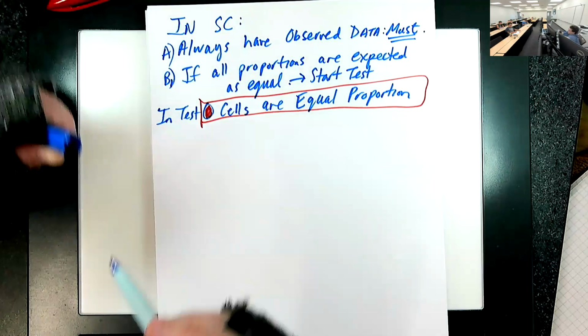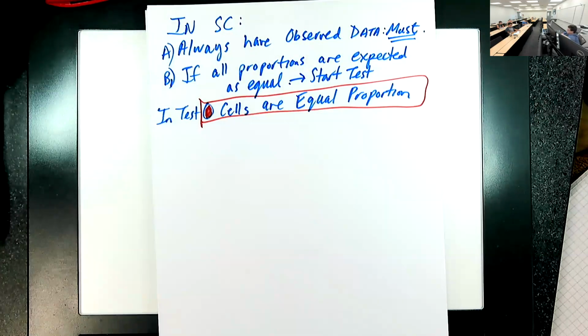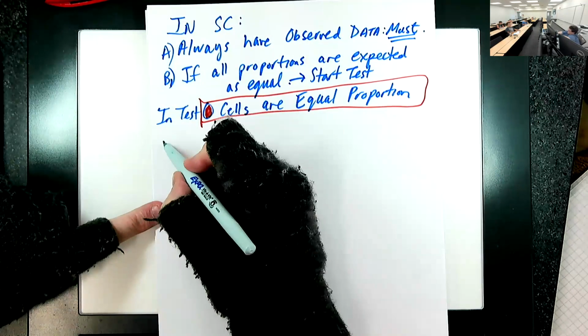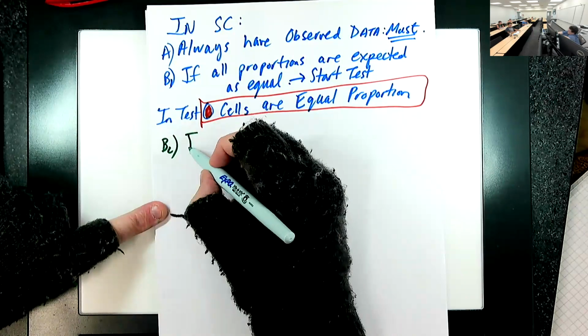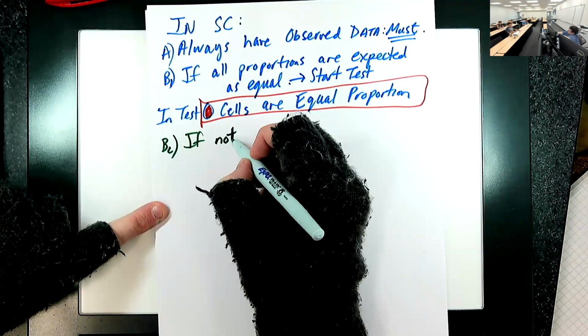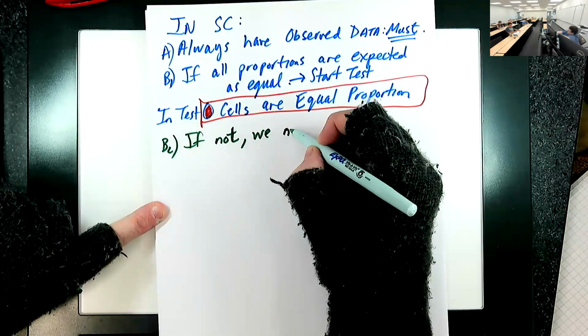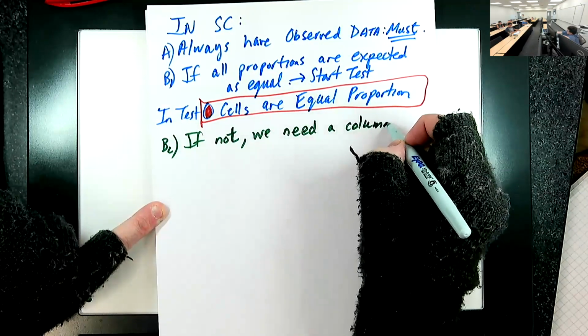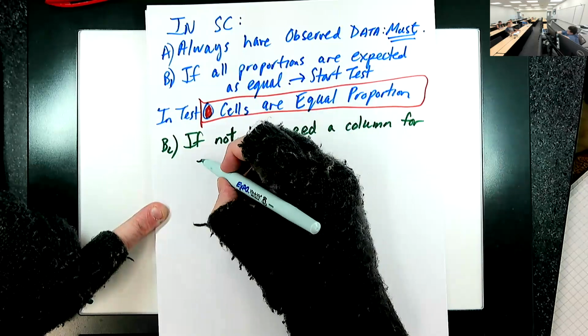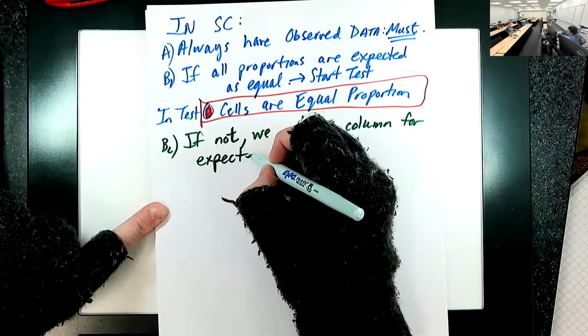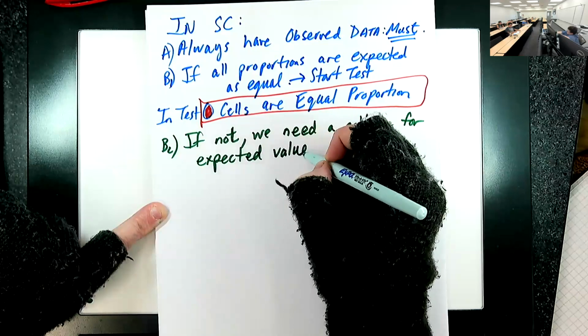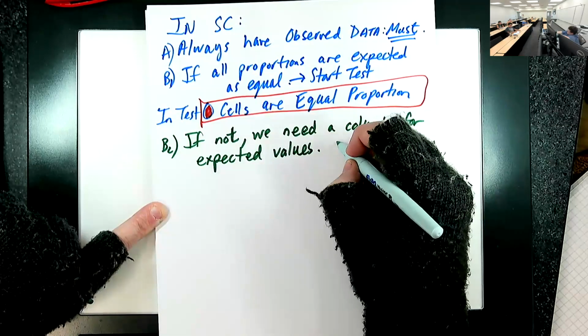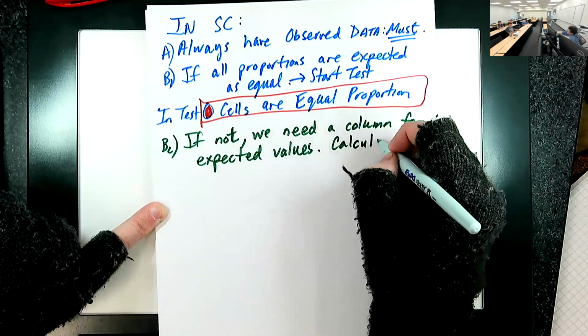We'll call that B1. B2: if not, we need a column for expected values, which usually means calculating by hand n times p for each category.